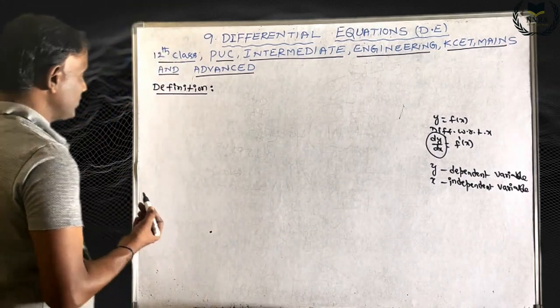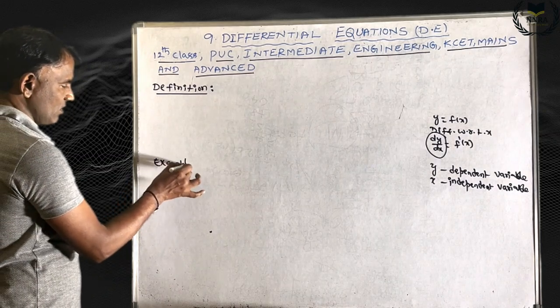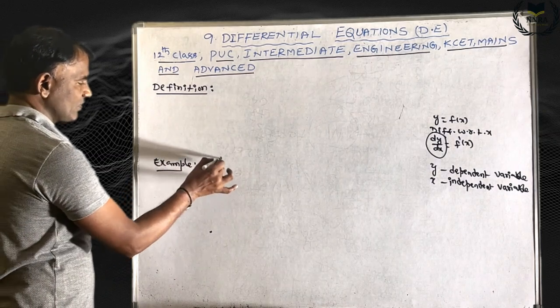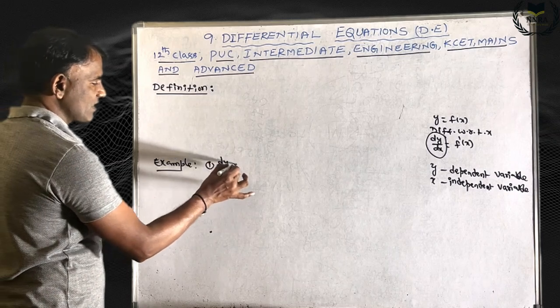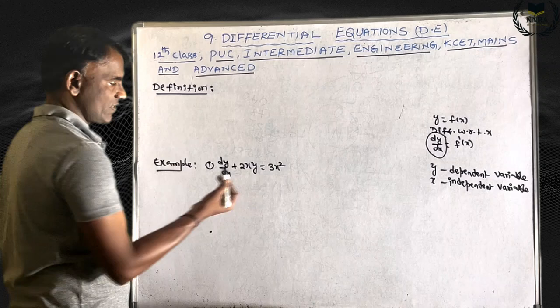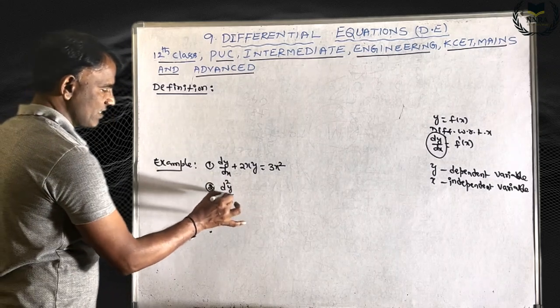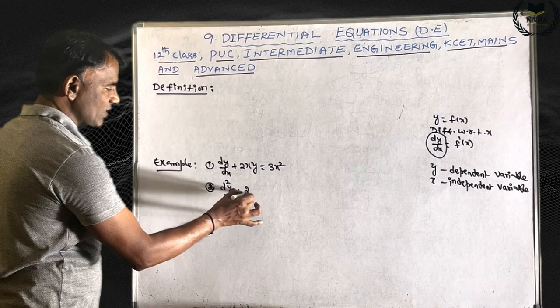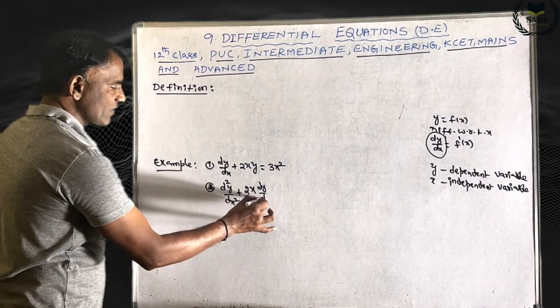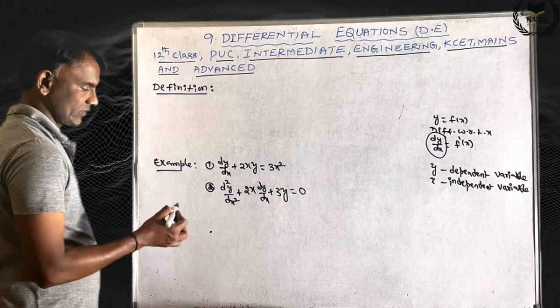Here these are the examples. First one is dy by dx equals 2xy, 3x square. Second one is d square y by dx square, 2x dy by dx plus 3y equal to 0.